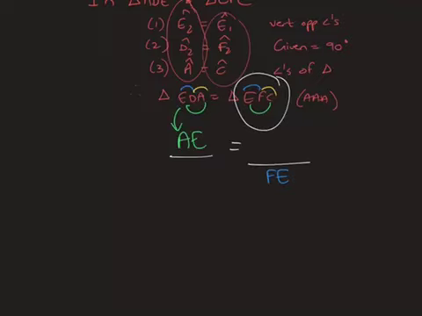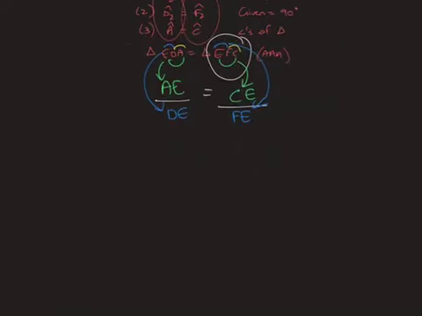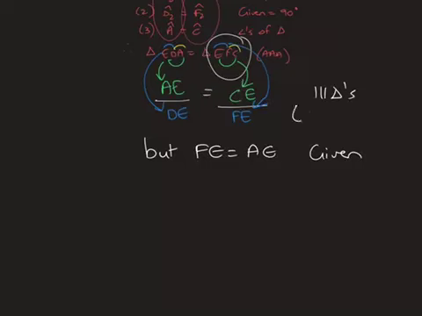We also need to have a DE. Yes, so DE is blue, and we need a CE, which, great, is green here. So we're taking green and green. We've taken blue and blue. Two colors, two from each triangle. But then we have to say, but FE equals AE given, I'm sorry, that's because of similar triangles.